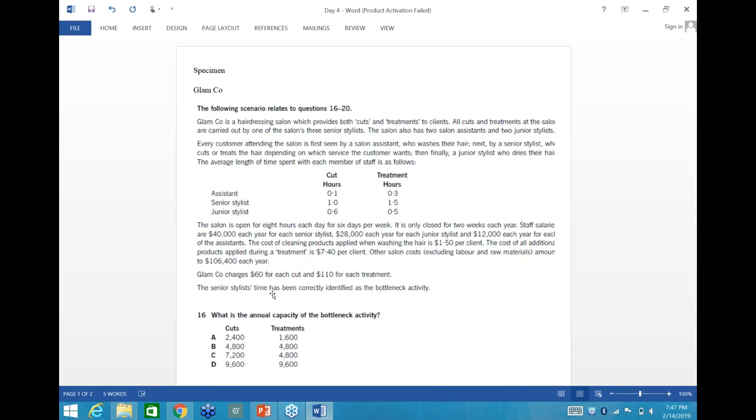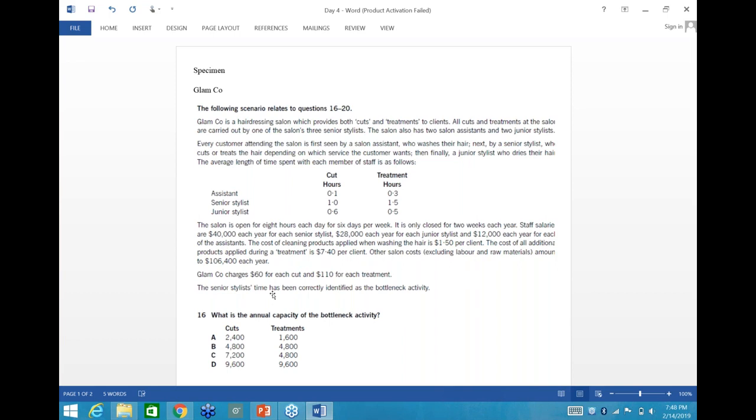Assistant, senior stylist, junior stylist, they're giving you the time taken for a cut and a treatment. The salon is open for 8 hours a day and 6 days per week. It is only closed for 2 weeks each year.